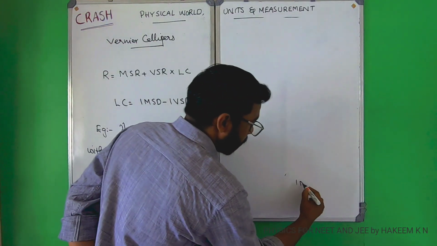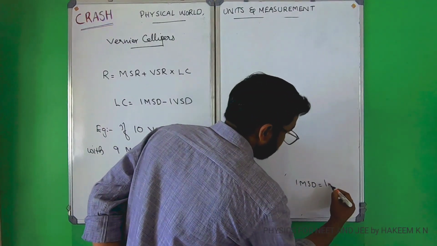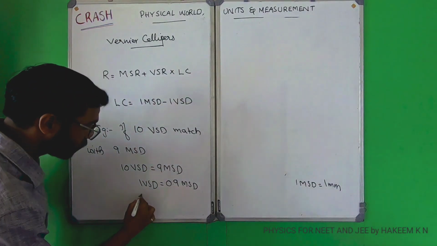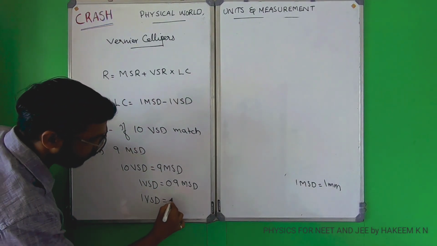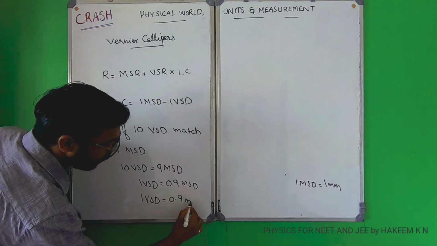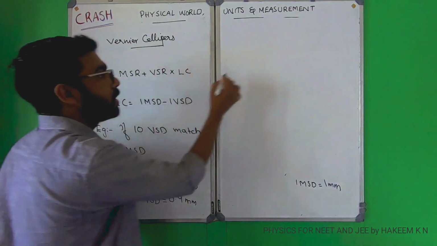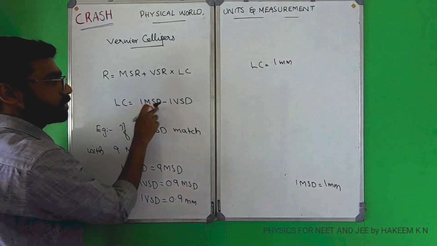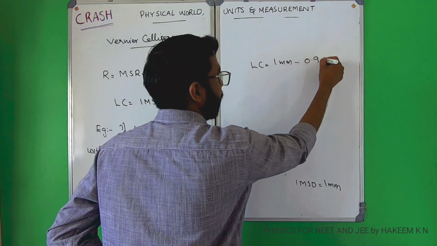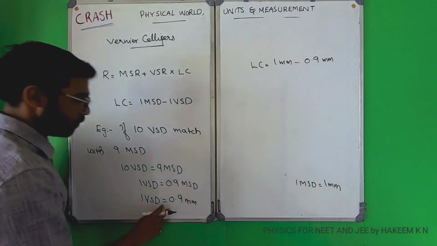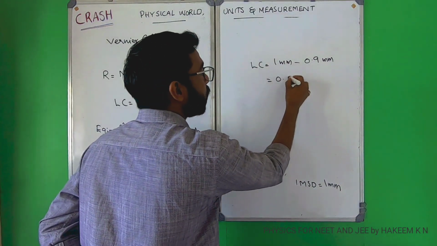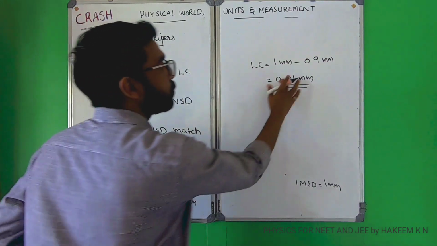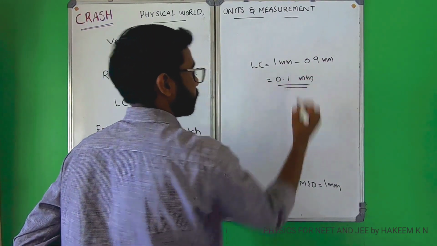Normally 1 main scale division is 1 millimeter. The smallest division on main scale is 1 millimeter. So 1 vernier scale division we will get 0.9 millimeter. So least count LC equal to 1 millimeter, 1 MSD, minus 0.9 millimeter, that is 1 VSD, that is 0.1 millimeter.